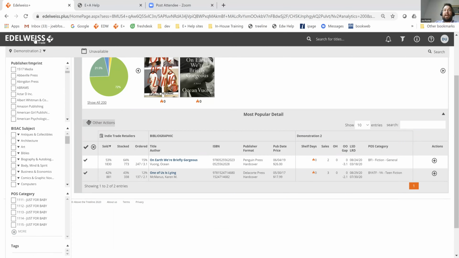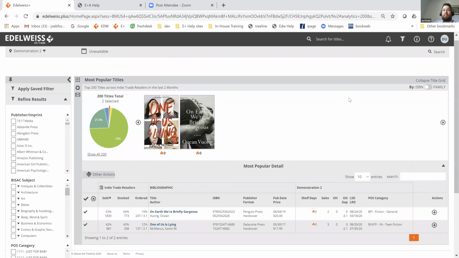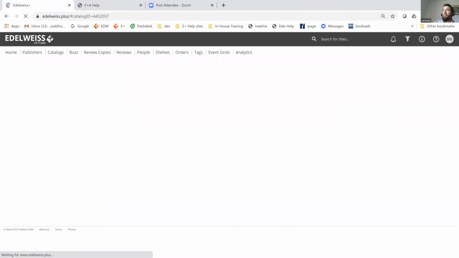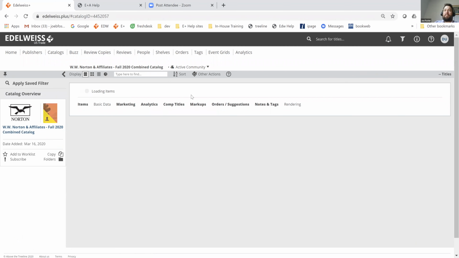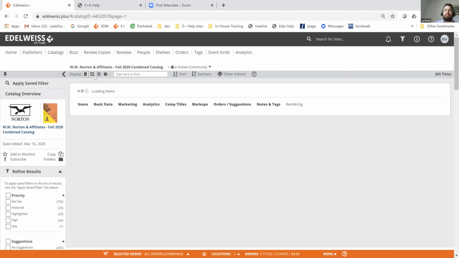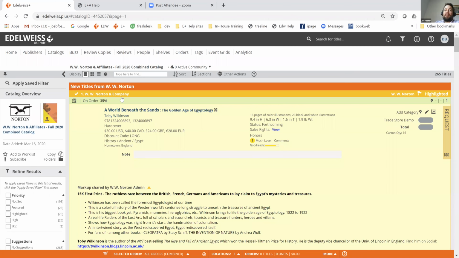So if we look at a catalog, I will bump into one. So usually when you're looking at front list stuff, you're going to see an on order percentage here, and that's going to be kind of depending, of course, on when you buy, right?